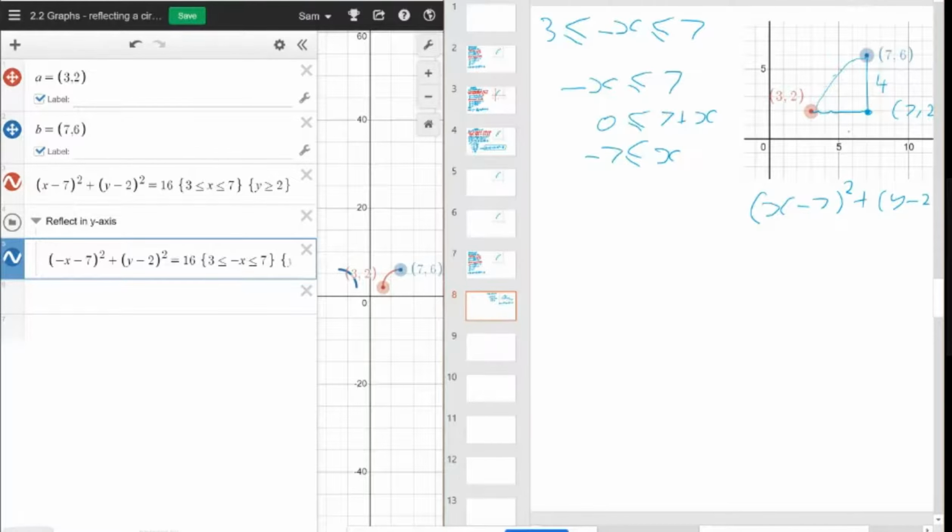So I'm really saying x is greater than or equal to negative 7. Same with the other part. I'll add x to both sides, take away 3 from both sides, and I get that. So really I've got that x is greater than or equal to negative 7 and less than or equal to negative 3.